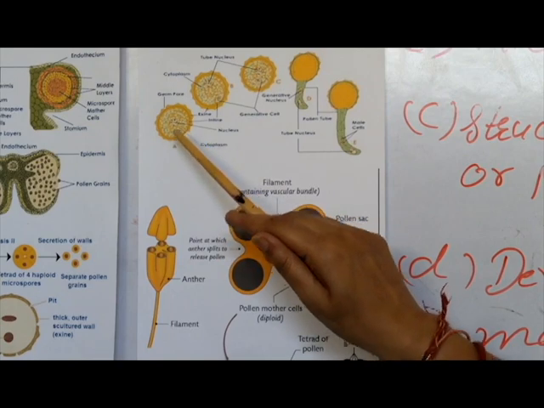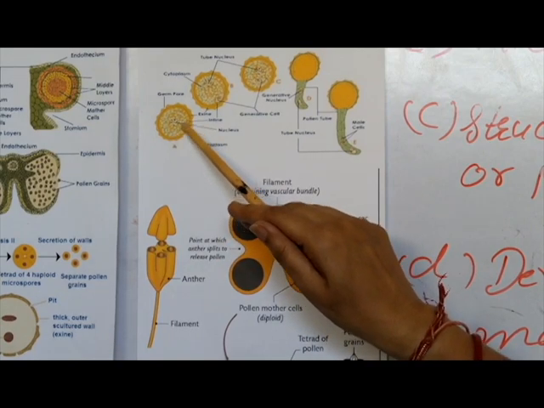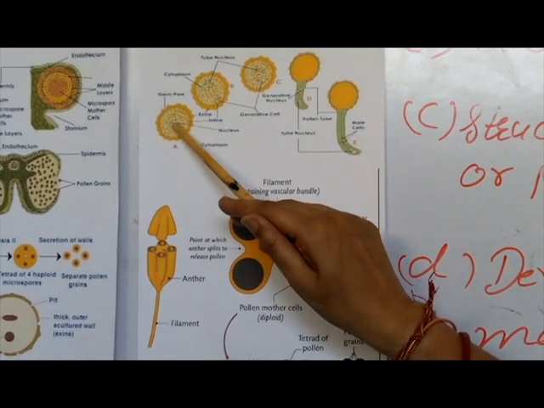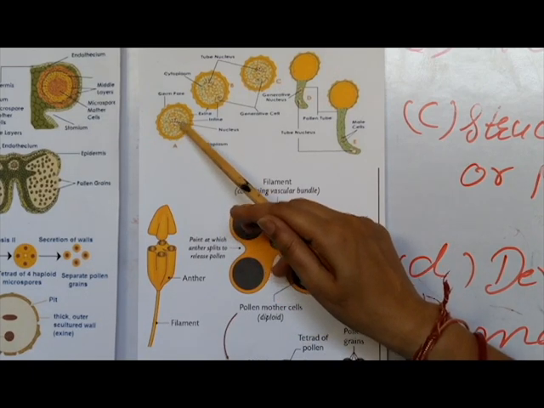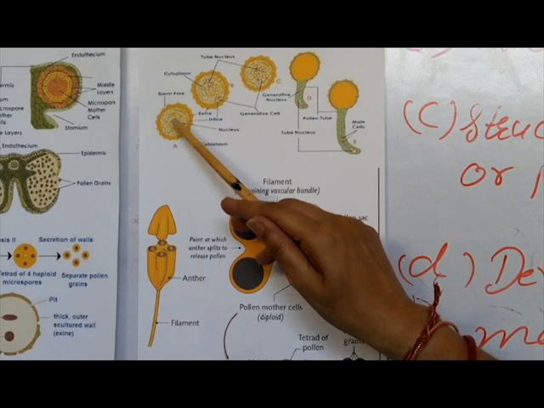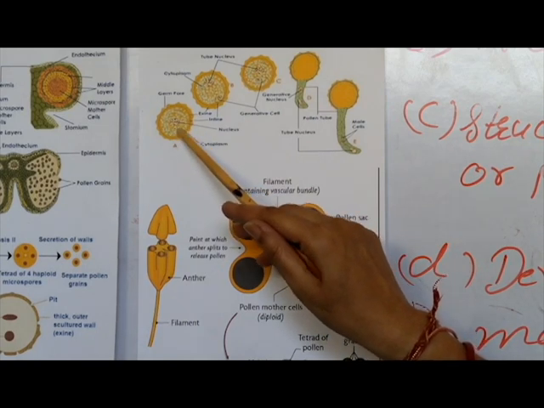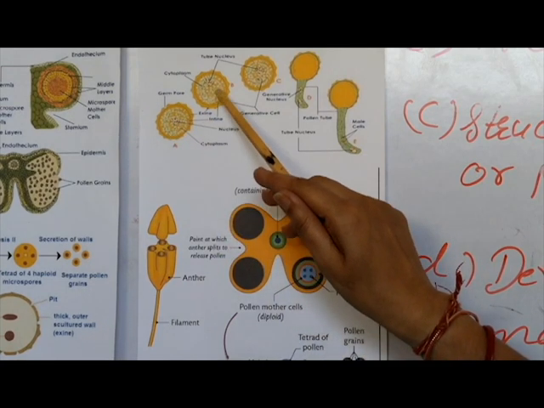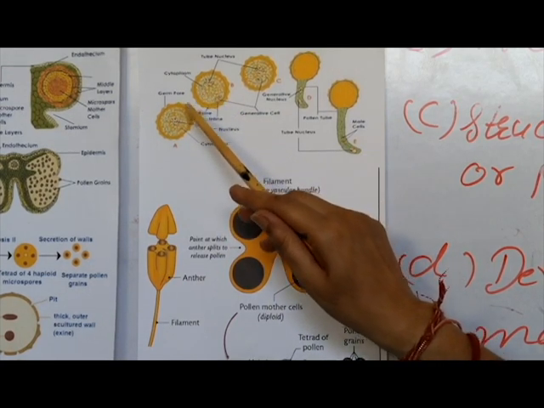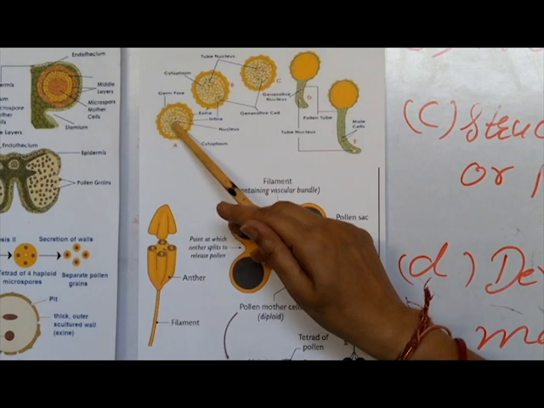In this, now the second generation will develop, that is the gametophytic generation. What is the meaning of gametophytic generation? It means gametes will develop, the male gamete. How will it develop? Now the pollen grain will undergo mitotic division, not meiotic division. Why mitotic division?